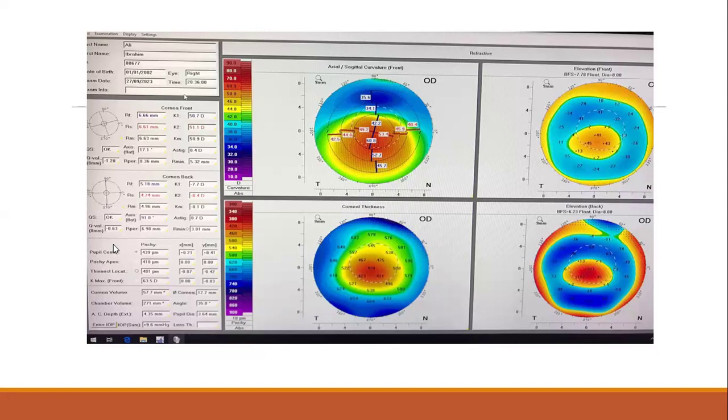Are there any contraindications to corneal cross-linking? You can't do corneal cross-linking on every case. Are there any relative contraindications? Yes, if there is a cornea thinner than 400, or if there is allergy to riboflavin, then yes, it becomes difficult.